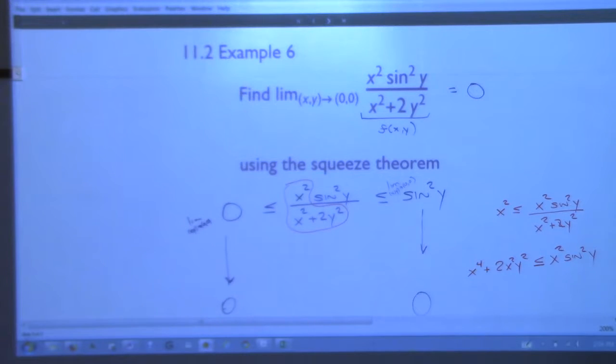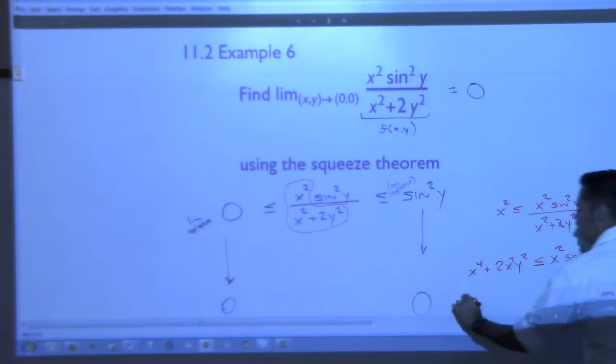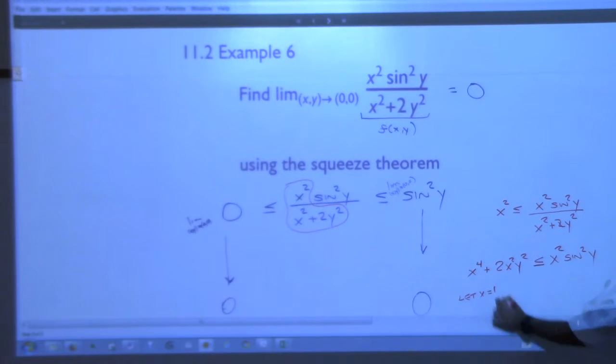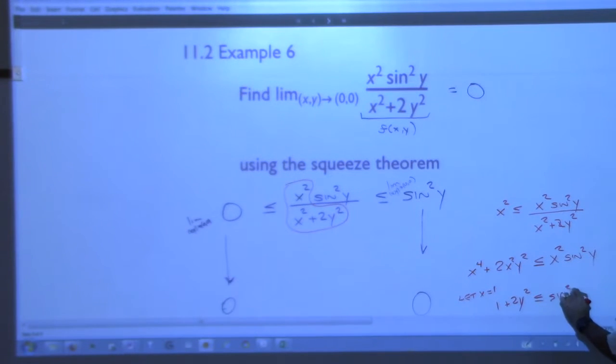You can take an x squared on both sides? No, it's not. Let's let x be 1. I don't think this is going to work. If x is 1, then this would be 1 plus 2y squared, right? Less than or equal to what? Sine squared y.